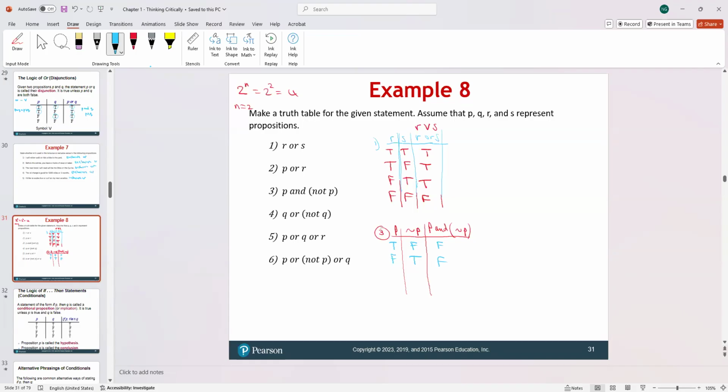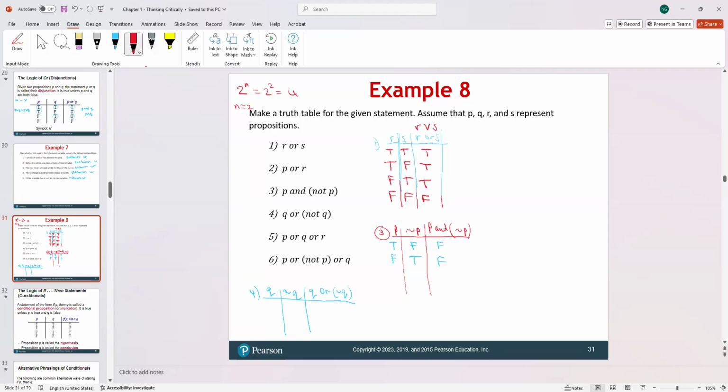Okay. And you're gonna do the same. We said for number four, if you have P and Q, and we have Q and not Q, and they ask you to find Q or not Q, so what will be the answer?